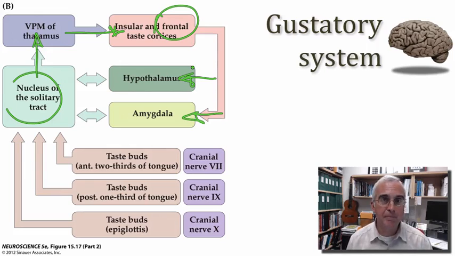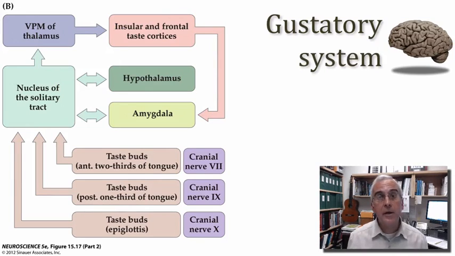Stay tuned for that. Okay, now I think we're ready to turn our attention to the problem of sensory transduction in the gustatory system. So sensory transduction again refers to the challenge of converting mechanical energy, electromagnetic energy, or molecular energy into electrical signals within a nerve cell.